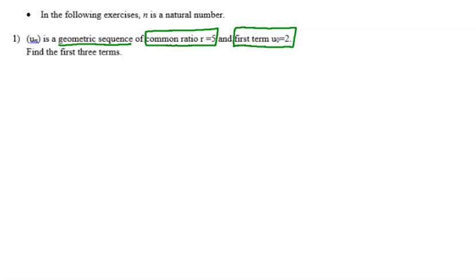First of all, what do we mean by common ratio? The common ratio is the quotient between any two consecutive terms of the sequence.